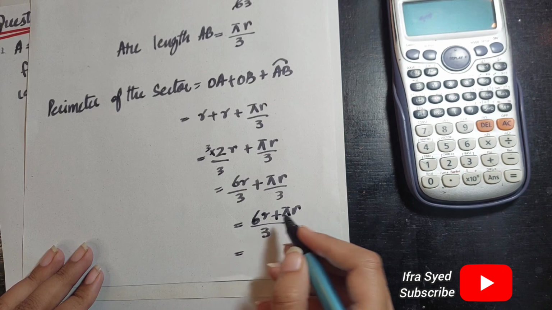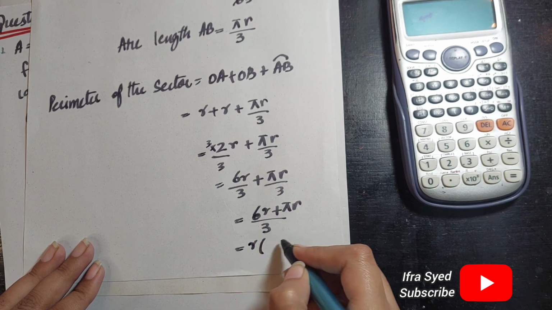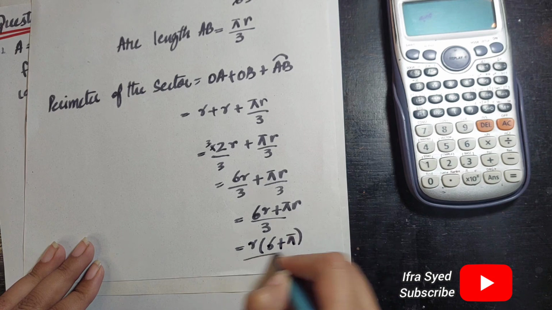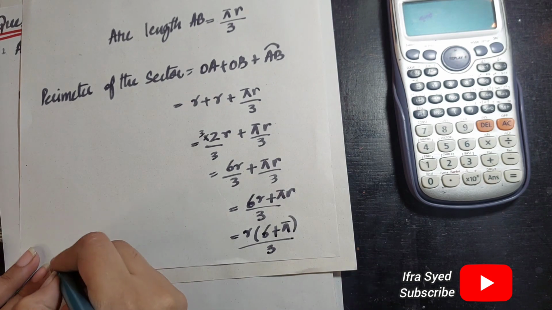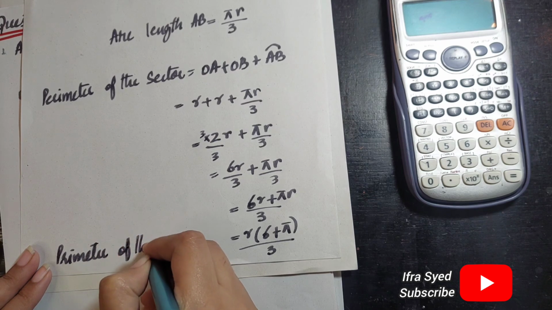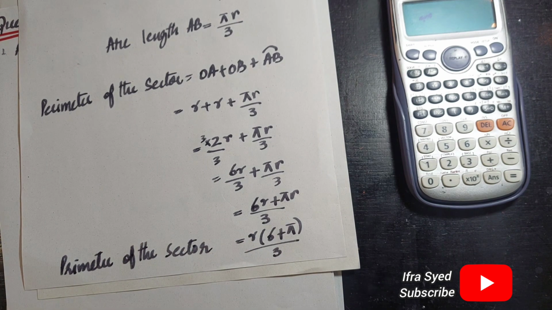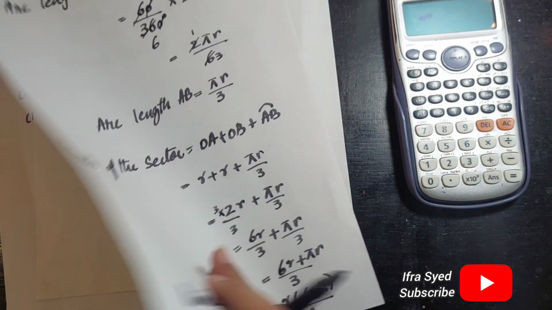So r is common in both values, so I'm taking r common. Now we have r times 6 plus pi divided by 3. So this is the answer for the perimeter of the sector. So our question number 18 is also solved. Now let's move to the next question.